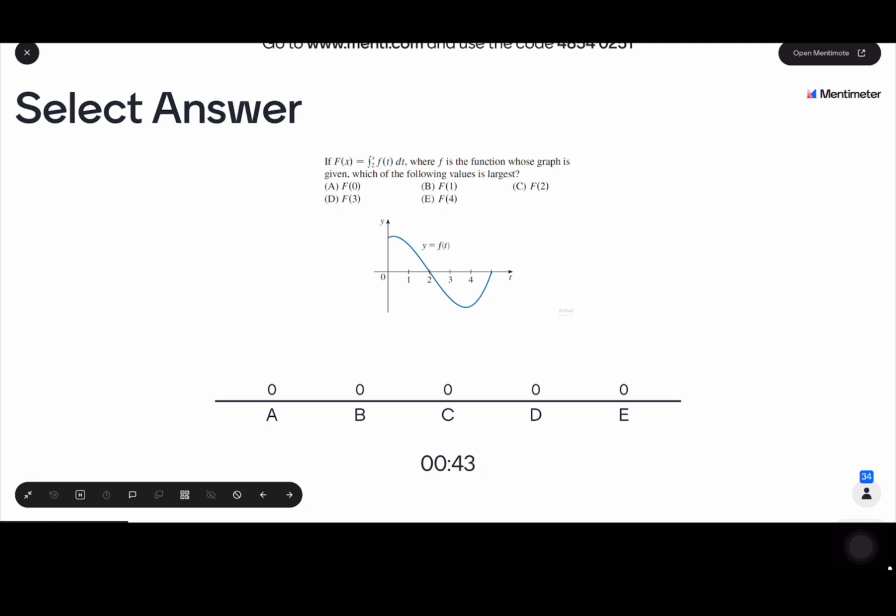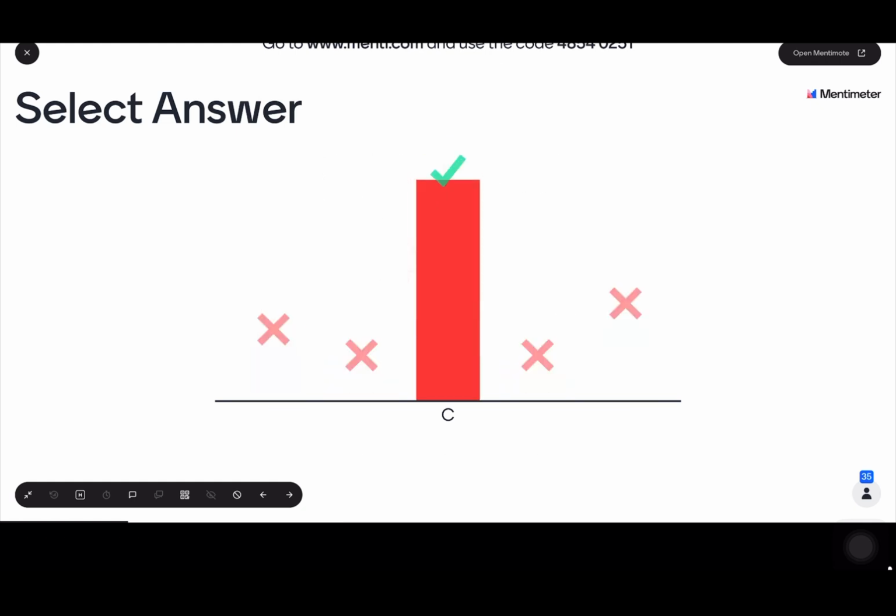Yeah, but the graph is small f. Yes, good.